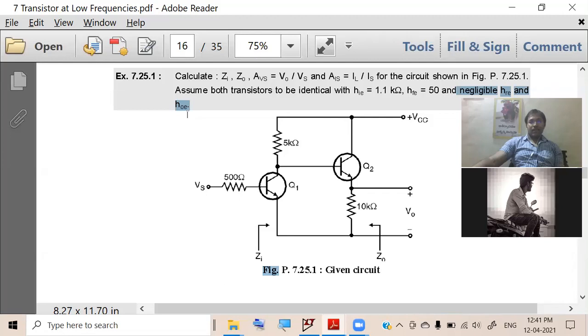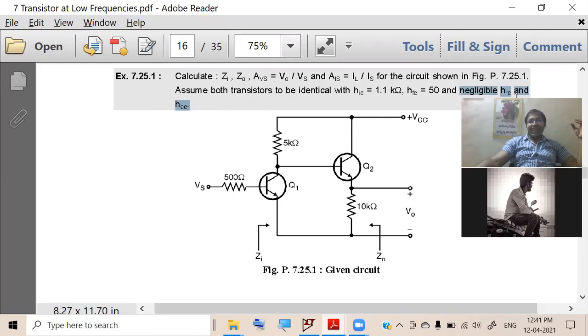How do we get from exact analysis to approximate analysis? We neglect HRE and we neglect HOE. We have discussed this in the previous classes.